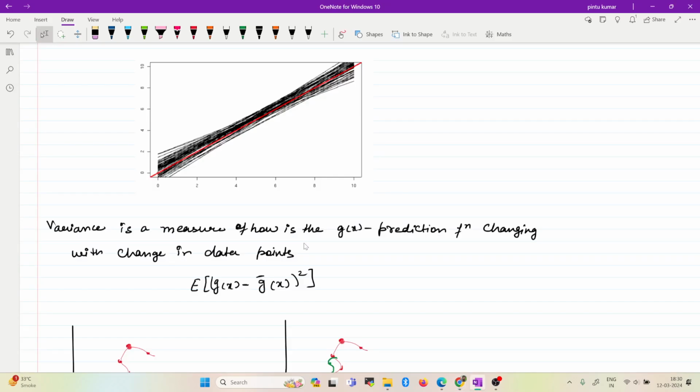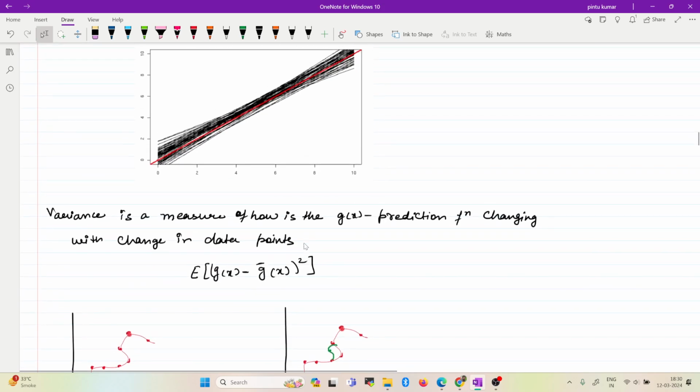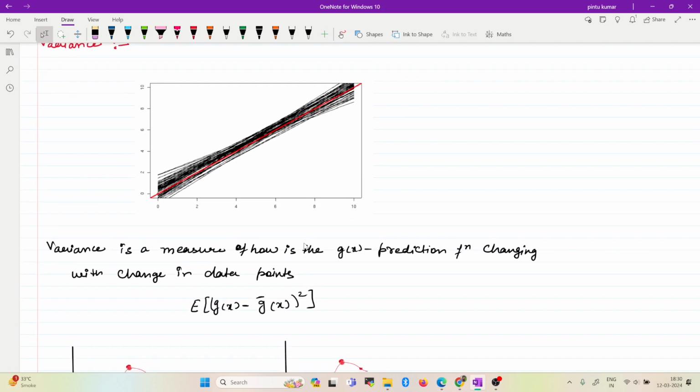Now let's go to something known as variance. We talked about the expected value of g of x minus f of x, where your g of x was the mean, and this is what we refer to as bias.